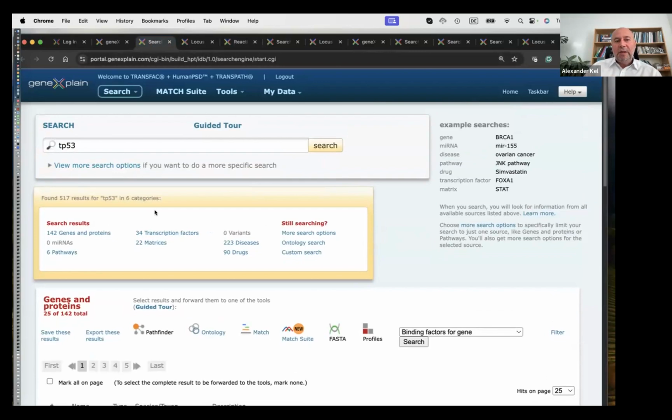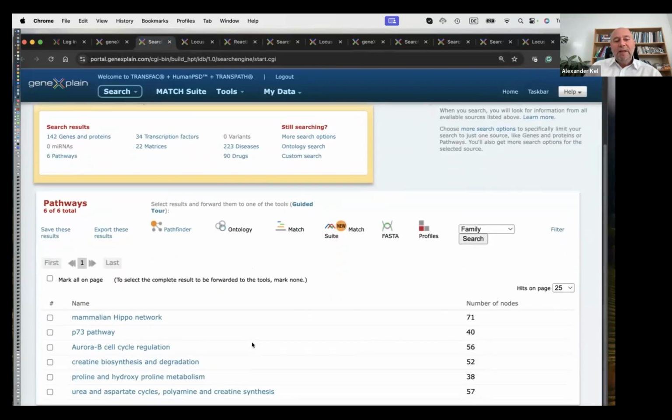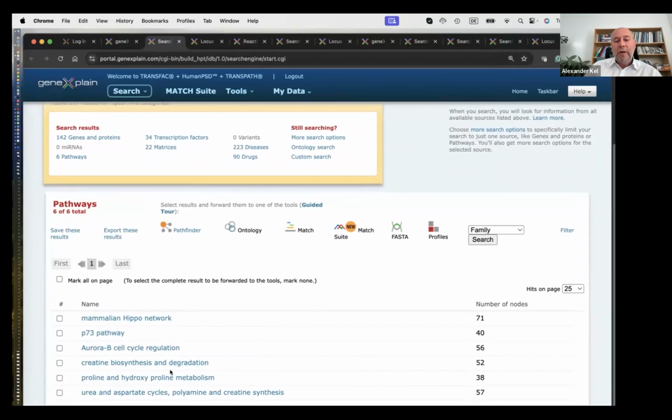Like when we typed transcription p53, you see it also shows a number of pathways, and the pathway means actually a canonical representation of a collection of reactions which happens in a cell in a standard way. Of course, that's a very artificial construct, the pathway, but it also comprises a particular biological meaning.